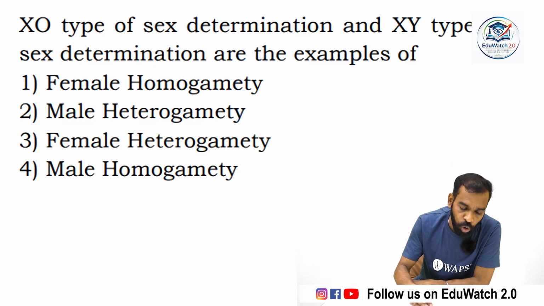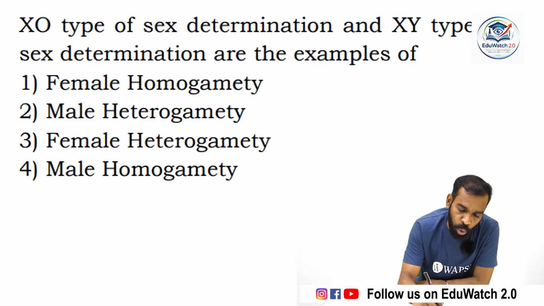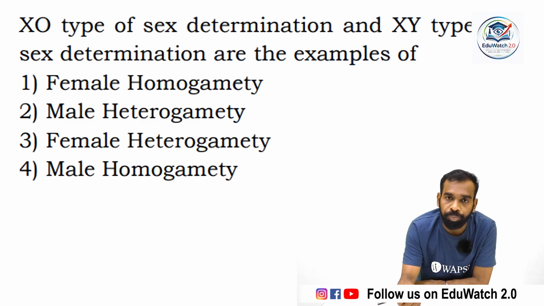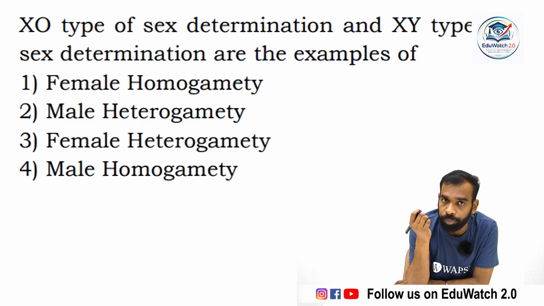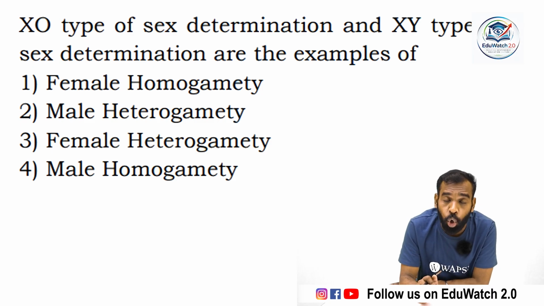So here we have option 2, male heterogamety. You know, XY type in connection with human beings. XX, XY type. X0, XY type of sex determination is mainly found in chick.